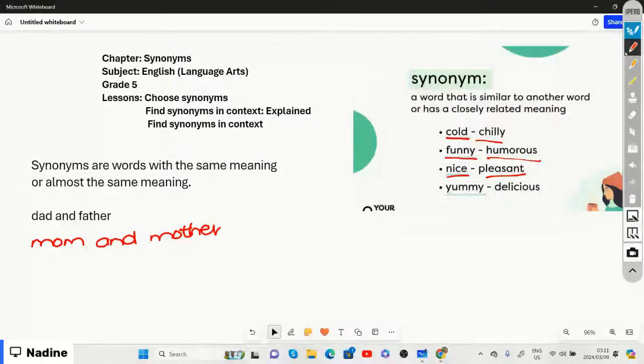And then also, if you are eating something and something is delicious, you can say it is yummy or it was delicious. Those pancakes were delicious or those pancakes were yummy.